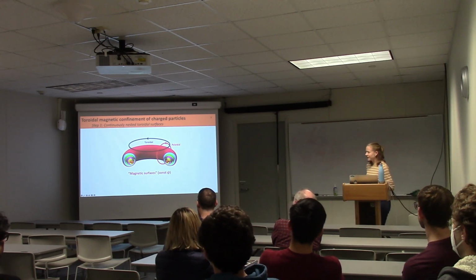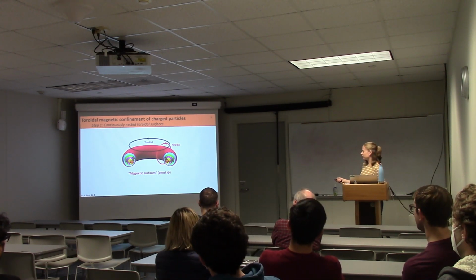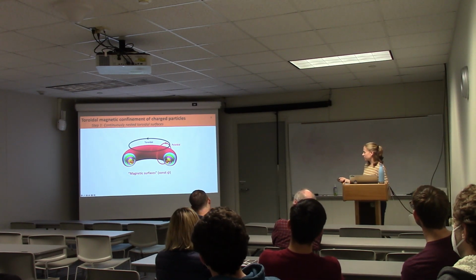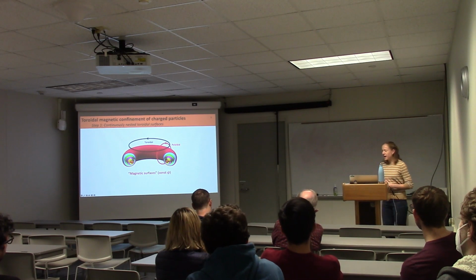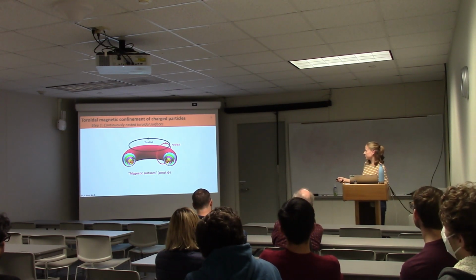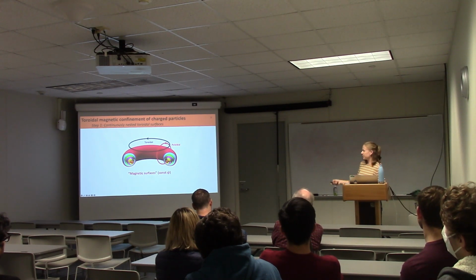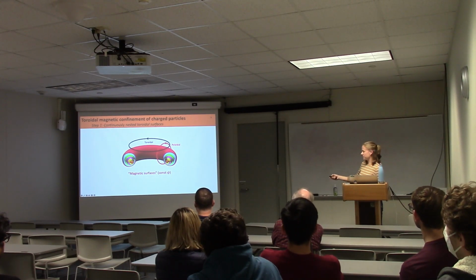So you want your magnetic field lines to lie on these continuously nested toroidal surfaces, and we call the direction the short way around the torus the poloidal direction, and the long way around the torus the toroidal direction. So because guiding centers follow the magnetic field lines on average, the particles on average stay close to these surfaces and they stay confined. So you can build up a temperature gradient from this hot core to the cooler edge of your toroidal confinement device.